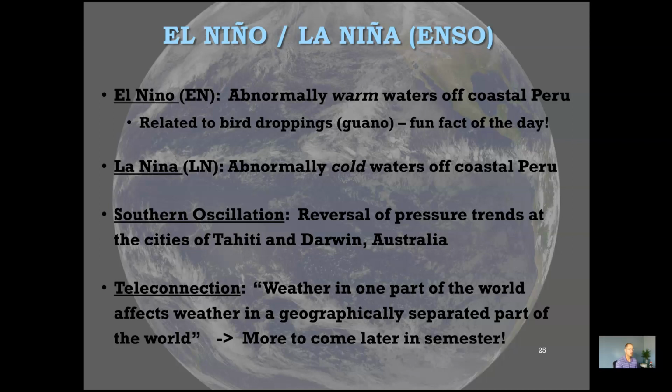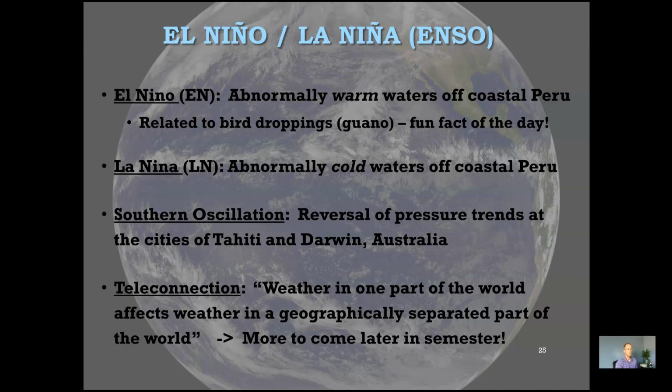And so when we refer to this teleconnection, the definition is weather in one part of the world affects weather in a geographically separated part of the world. This is, again, your idea that we can have this warm or cold water off the coast of Peru and ultimately influence weather across the west coast of the United States. We will show some tie-ins to areas across the southern United States and even some small-scale changes to things across the Midwest.